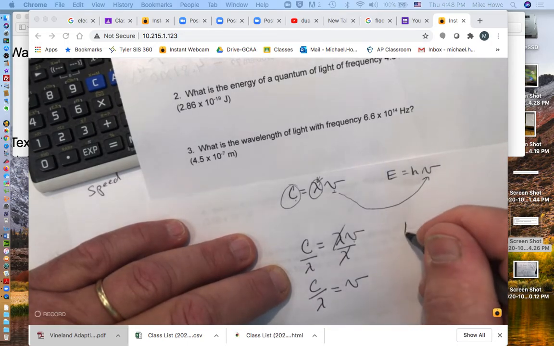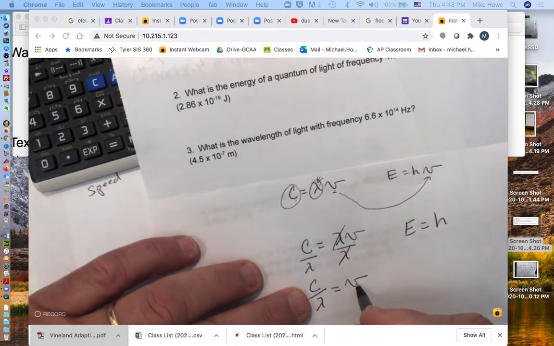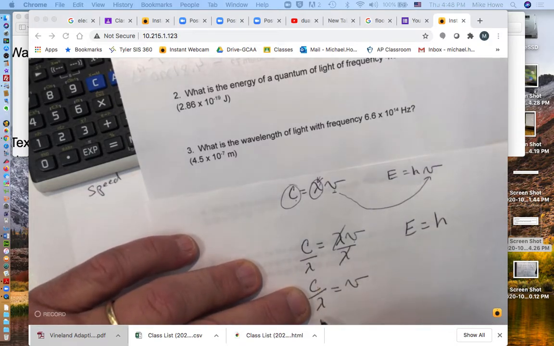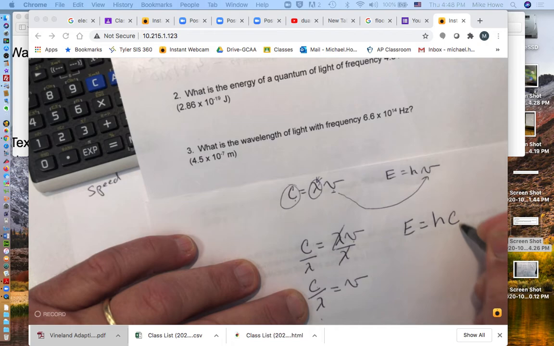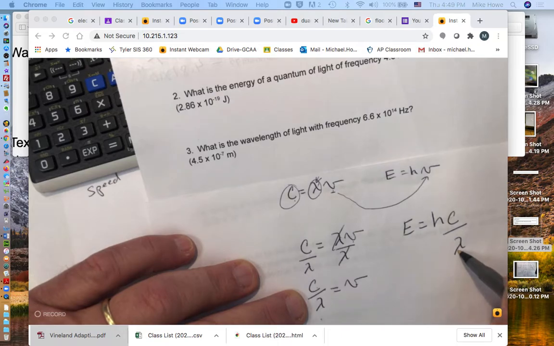So then you could have this equation, energy is equal to h times frequency, but we just found that frequency is the same thing as c divided by lambda. So you can plug that in, and now you've got an equation to find energy if you're given wavelength. So E is equal to Planck's constant times the speed of light divided by the wavelength.